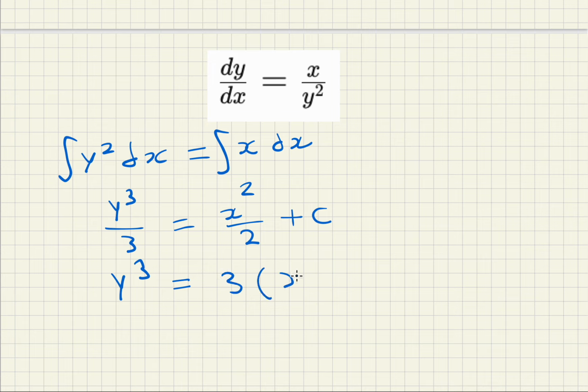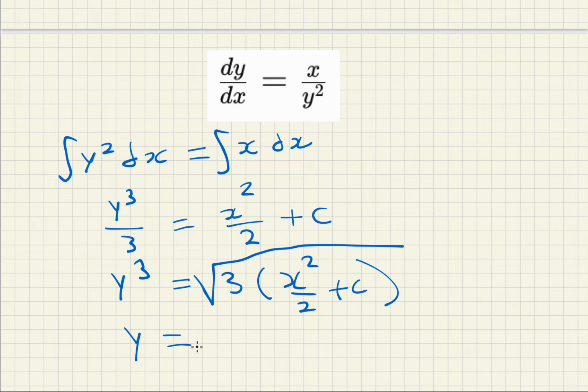And so now all we need to do is isolate y. Multiply both sides by 3. And now you can cube root both sides to isolate y.